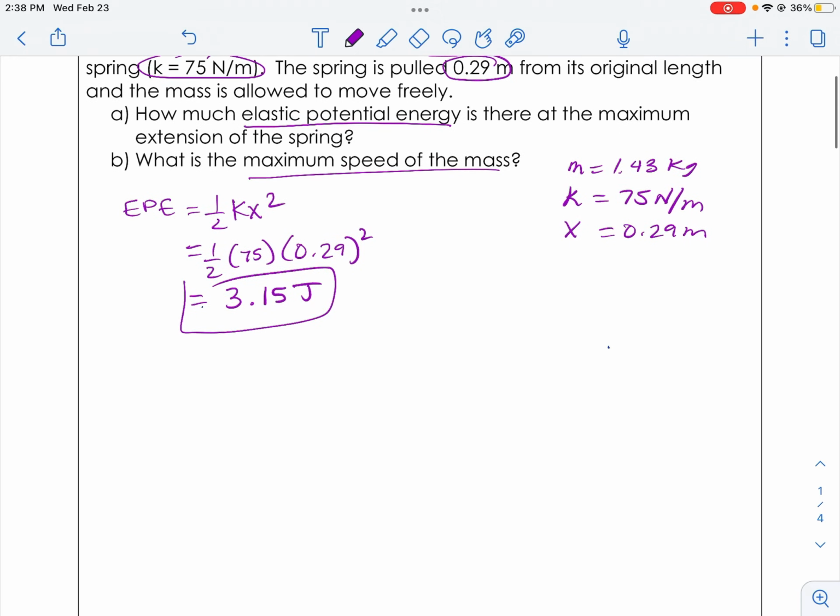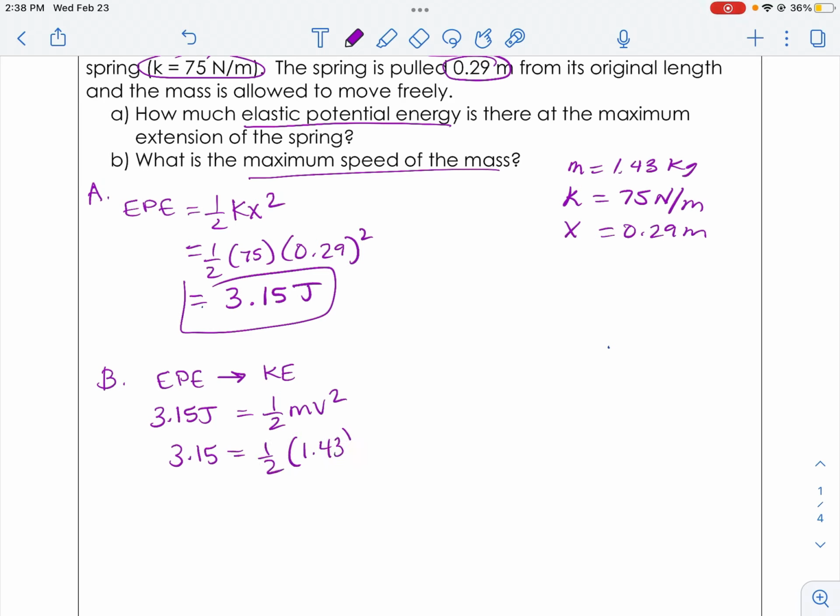Then letter B wants to know what's the maximum speed. We'll define the maximum speed: that means that all of our elastic potential energy is being converted to kinetic energy. So we've got our 3.15 joules is equal to 1/2 m v squared, 1/2 times 1.43 times v squared.